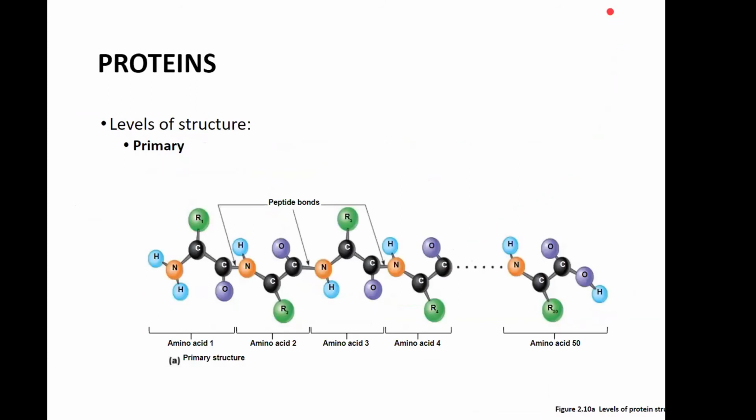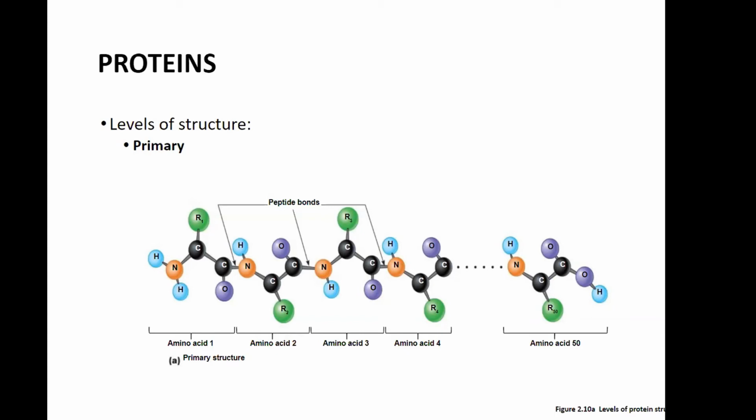So as we start to talk about our proteins, so our big molecules with shape and therefore a crazy number of different possible functions, we build that shape in different steps. So the first level of structure for a protein is the primary structure. And that's really what we were just talking about as we were talking about linking together amino acids.